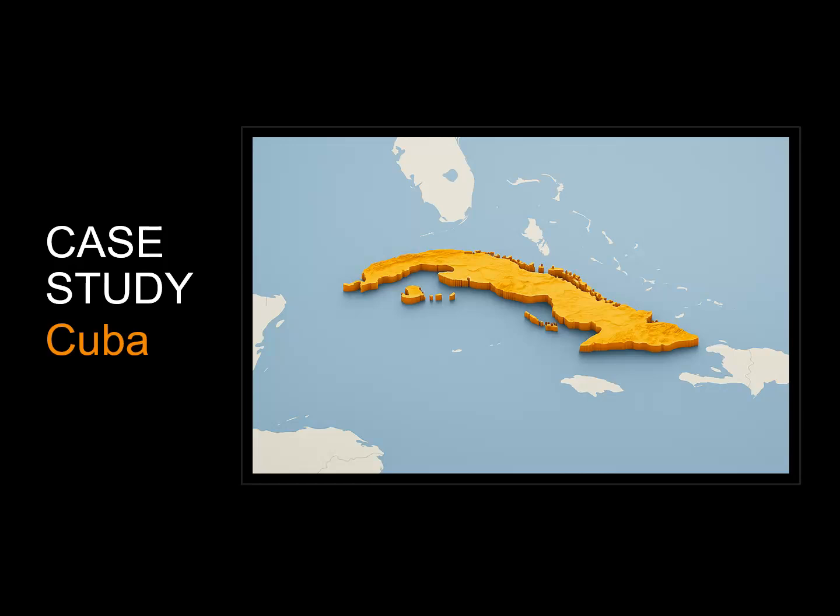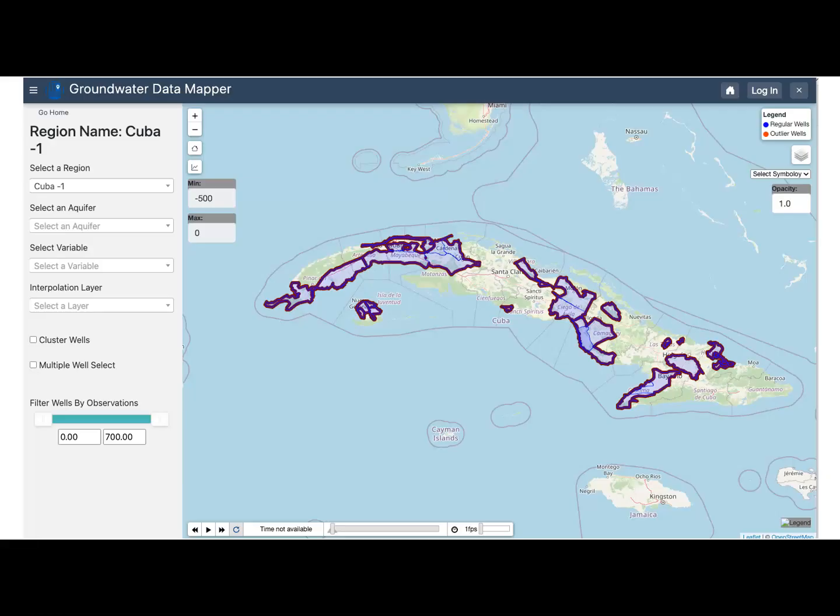We've taken the data from Cuba, which was provided to us, and uploaded it into the groundwater data mapper. Of the different aquifer polygons we were given, we aggregated them into some larger regions.